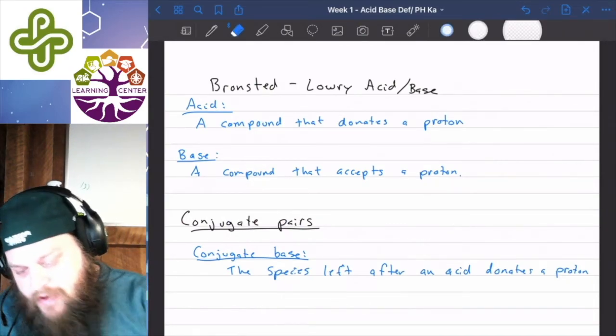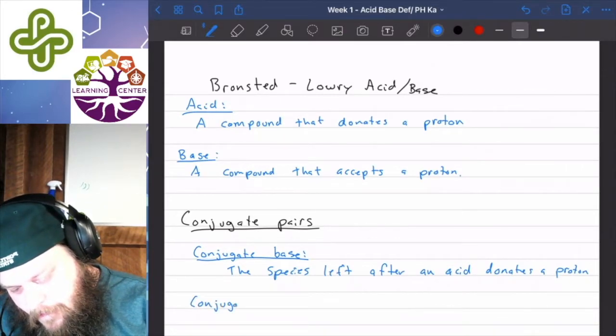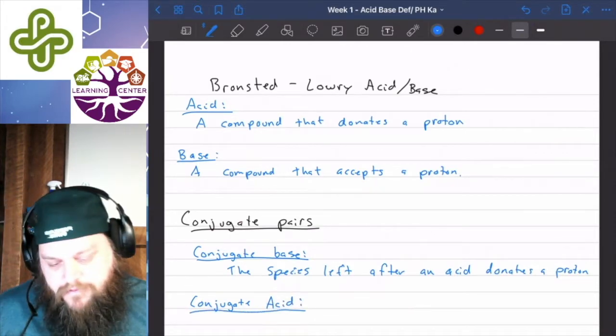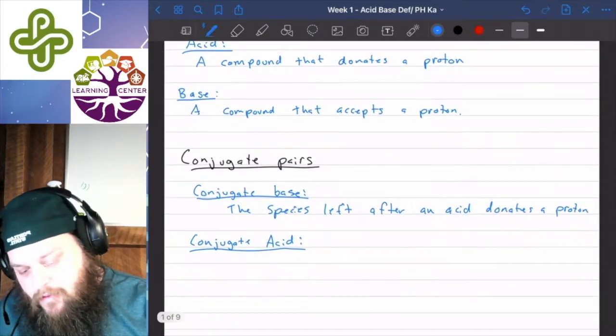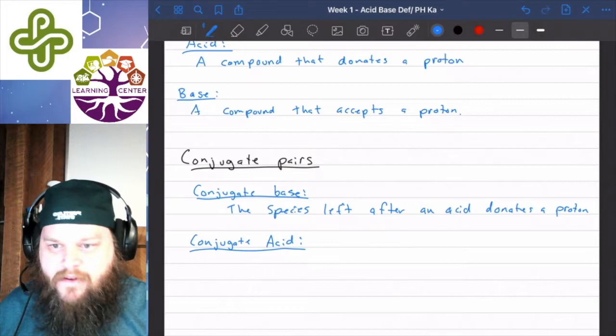So then the conjugate acid is the species left over, or the species that's created after the base accepts a proton.